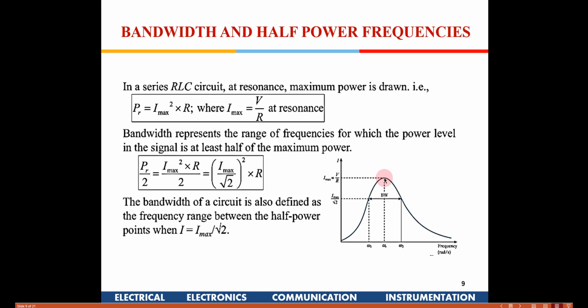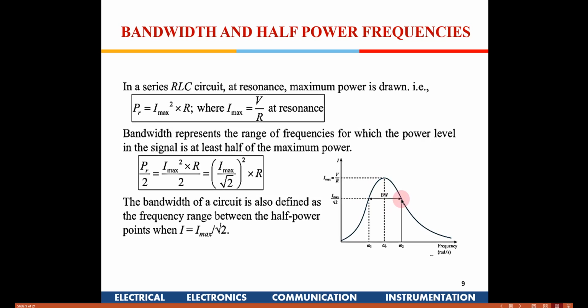In a series RLC circuit, at the resonant frequency maximum power is drawn from the source. At these two frequencies, omega 1 and omega 2, half power is drawn. If 1000 watts was being drawn at resonance, at these two frequencies only 500 watts will be drawn, and the current amplitude will be I max divided by root 2.